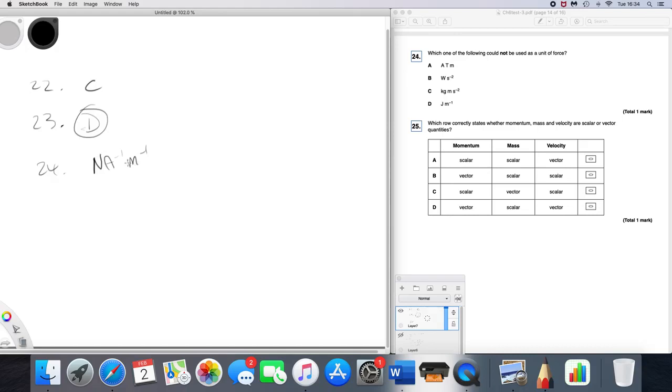So that's tesla, and we're multiplying by amps and meters. So that cancels with that, that cancels with that, so that works.